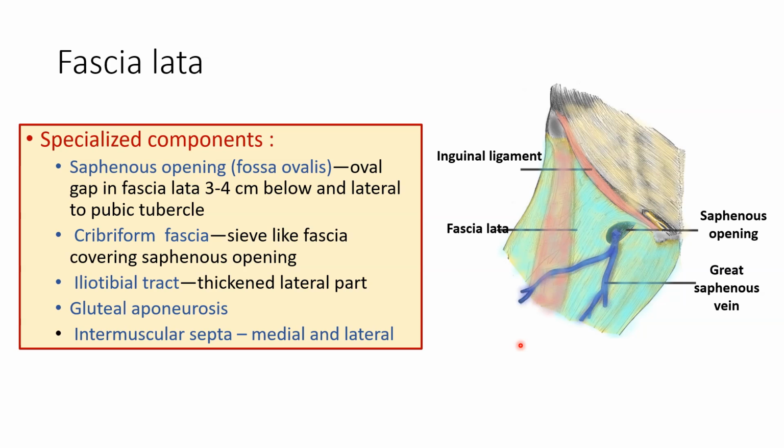And these intermuscular septa are dividing the musculature of the thigh into an anterior extensor group, a medial adductor group, and a posterior flexor group. So these are the medial and lateral intermuscular septa, dividing it into the three functionally different compartments of muscles: anterior extensor, posterior flexor, and medial adductor.